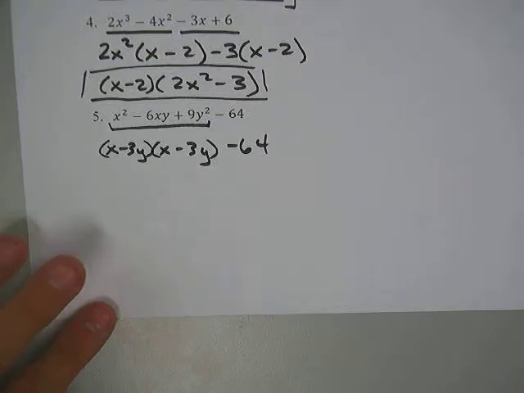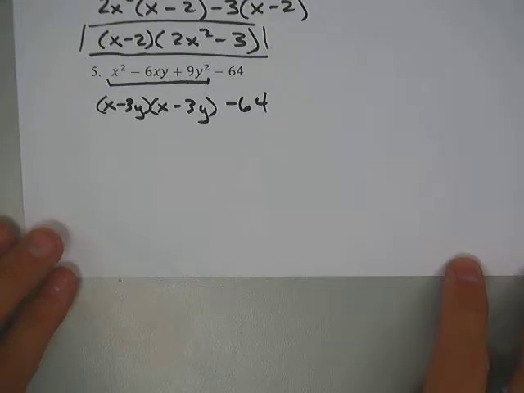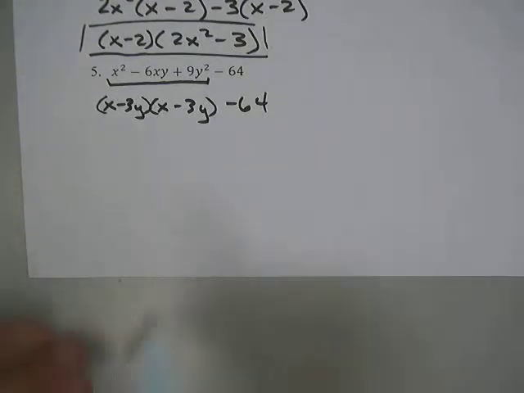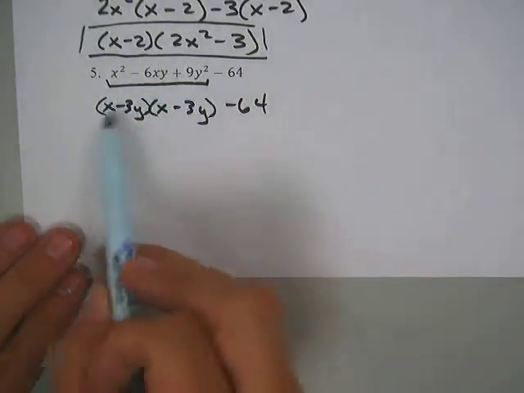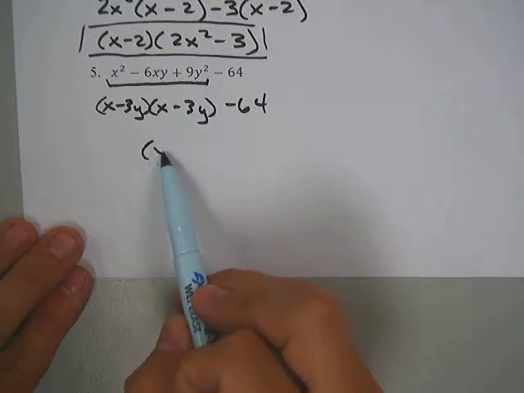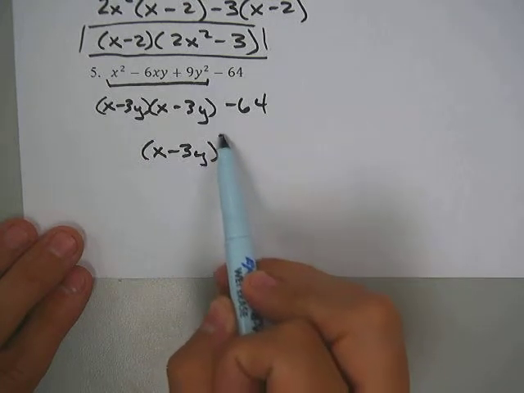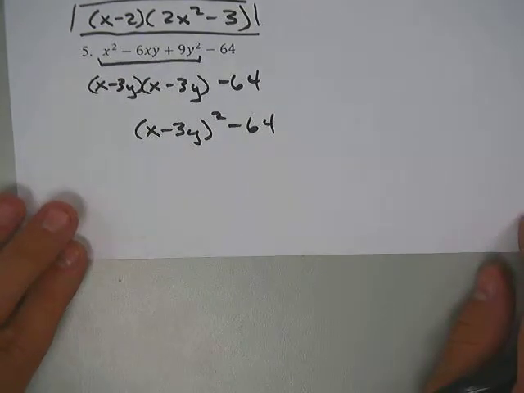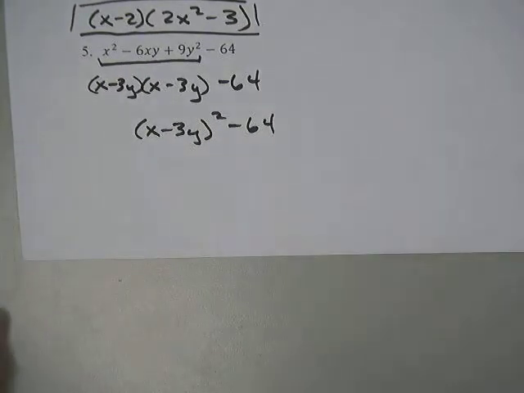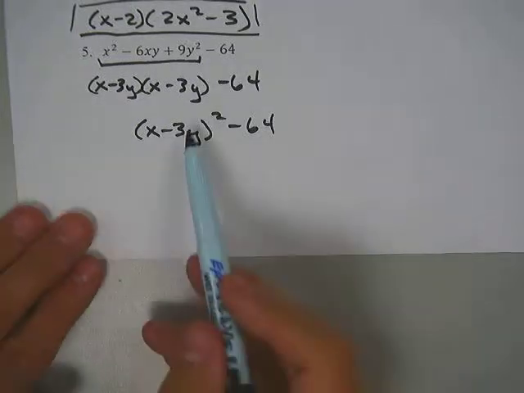I'm going to use minus 3y and minus 3y. And I'll just bring this minus 64 down. Okay, now that doesn't seem to do a lot for us yet, but notice these are the same because this is a perfect square trinomial, so it gives us the same factor twice. So I'm just going to write it as x minus 3y quantity squared minus 64.